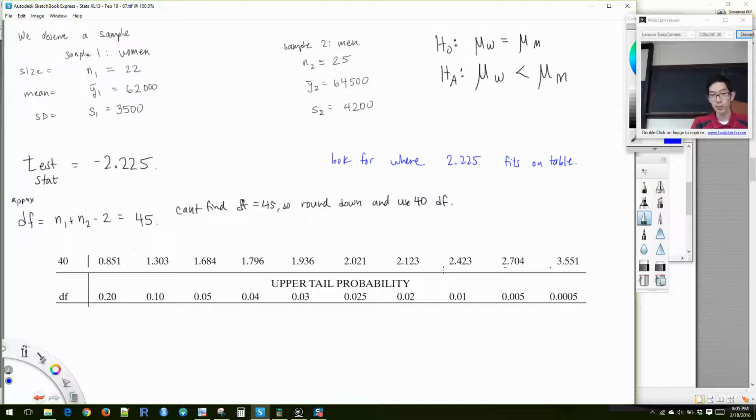For 40 degrees of freedom, 2.225 fits in between 2.123 and 2.423. This means the corresponding upper tail probability, or because it's now negative, the lower tail probability, so just the corresponding tail probability, is between 0.01 and 0.02.